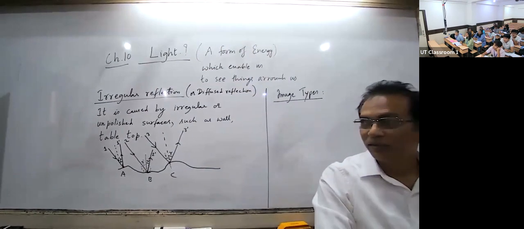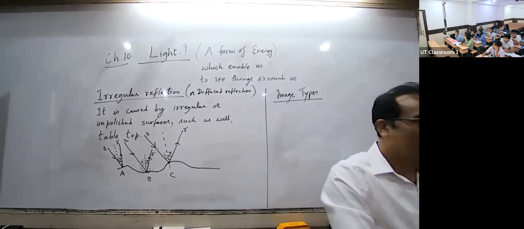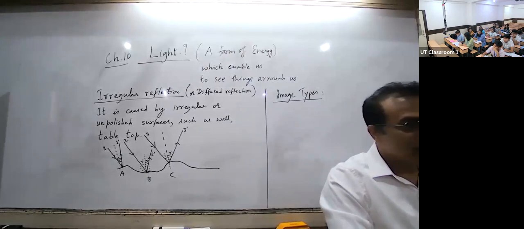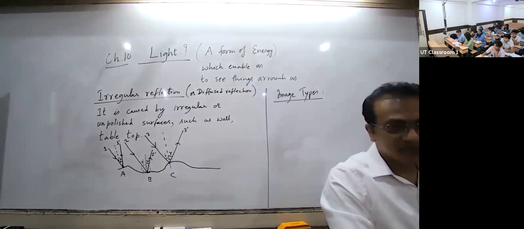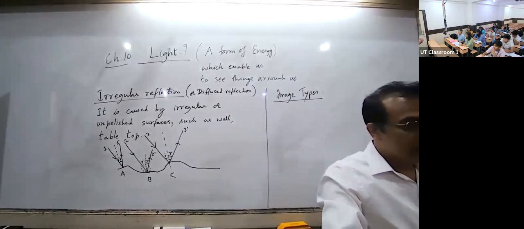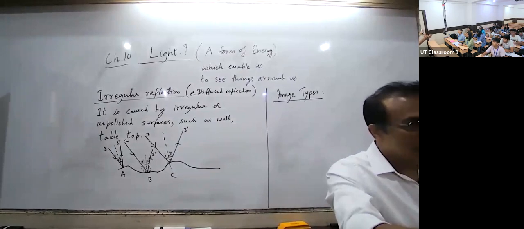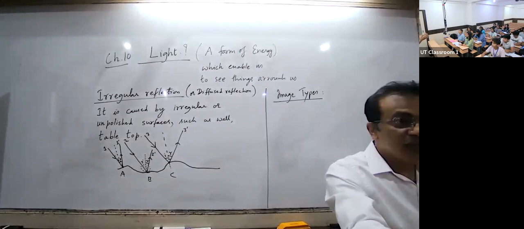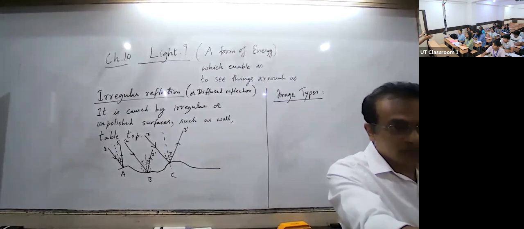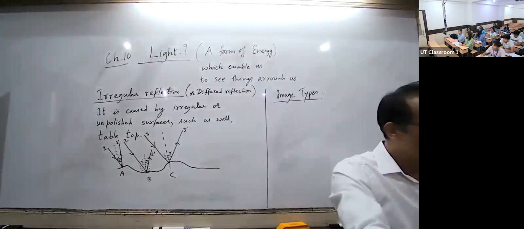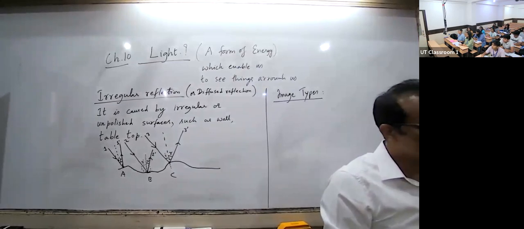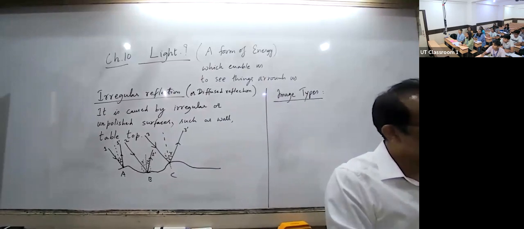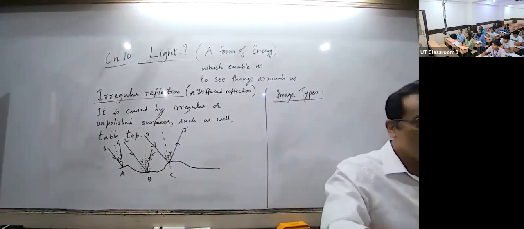Or else, they do not meet, because you have to explain in terms of reflected rays. So they appear to diverge from that point. We don't say they are meeting. We say they appear to diverge from a point after reflection. That point is where the virtual image is formed. A simpler definition would be that it cannot be obtained on a screen, and a real image can be obtained on the screen.